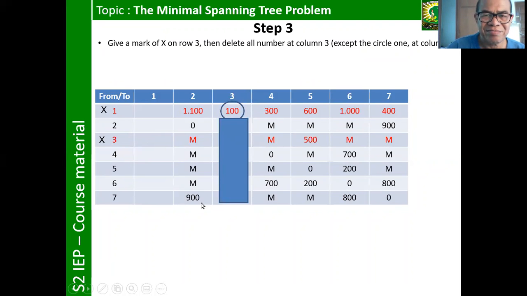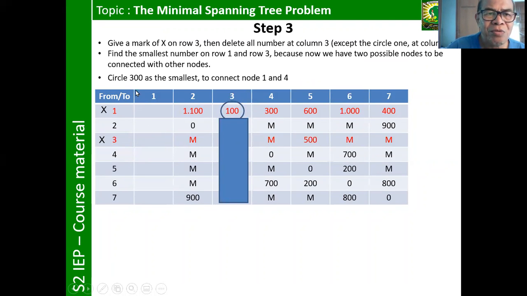Now we need to find the smallest number on row 1 and row 3, since we have 2 nodes connected. We want to connect node 1 or 3 to another node, so we check where is the nearest from node 1 or node 3.